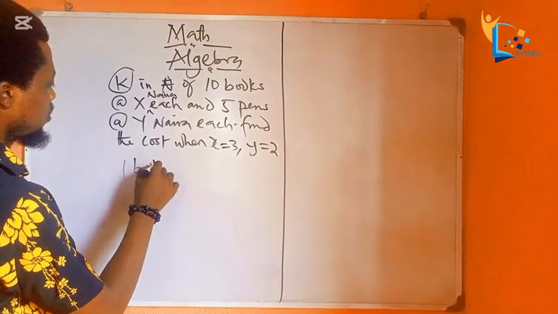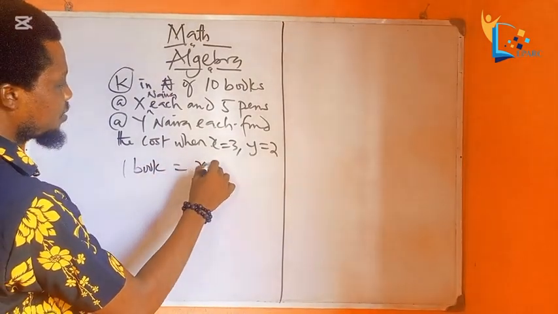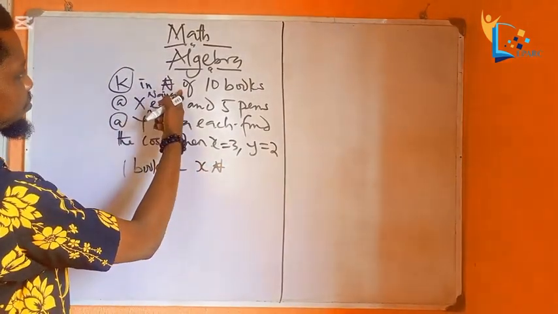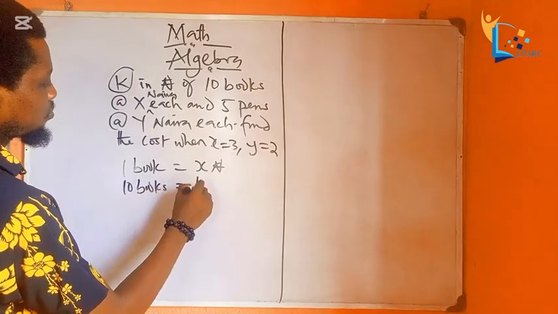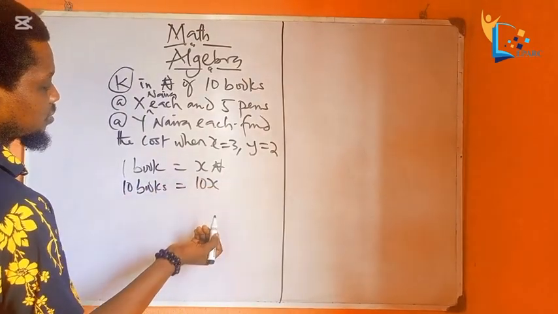If one book is equal to X naira, then 10 books will be 10x.